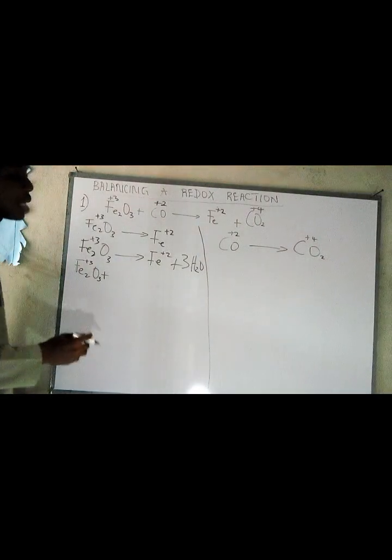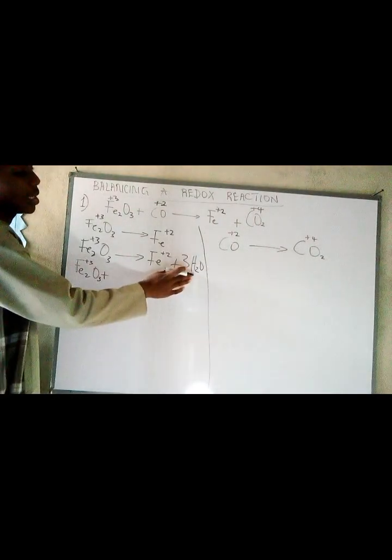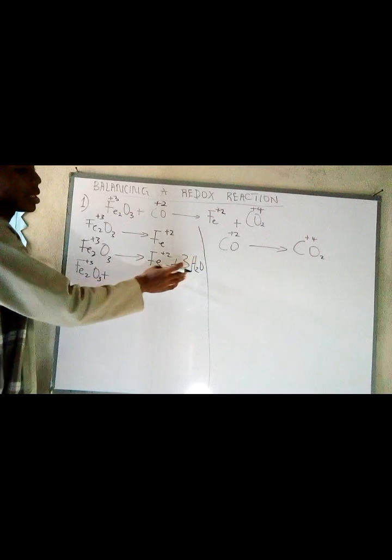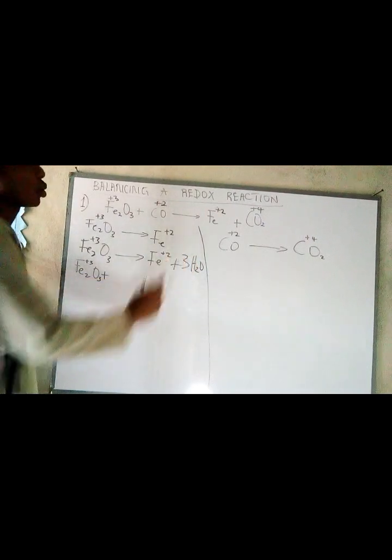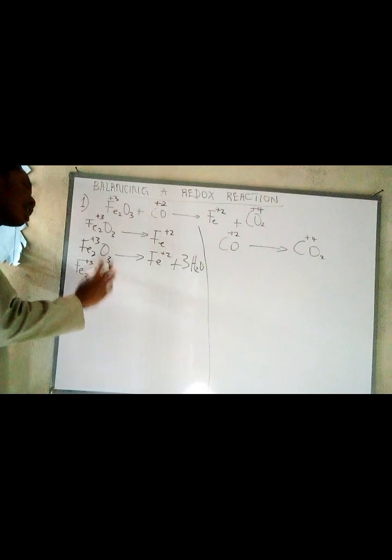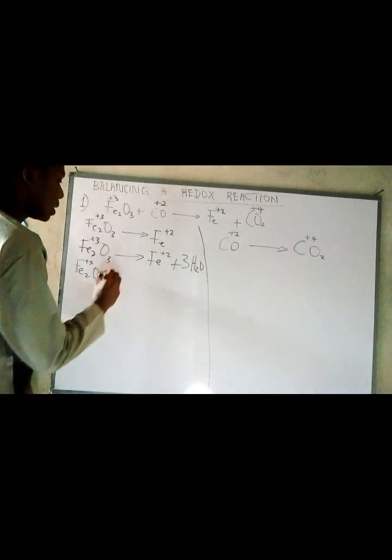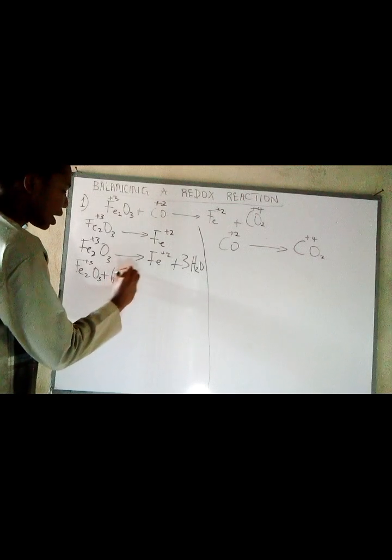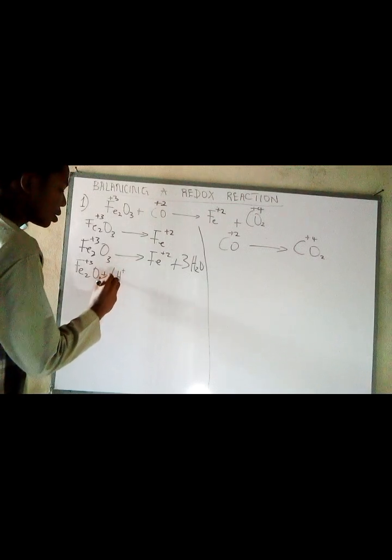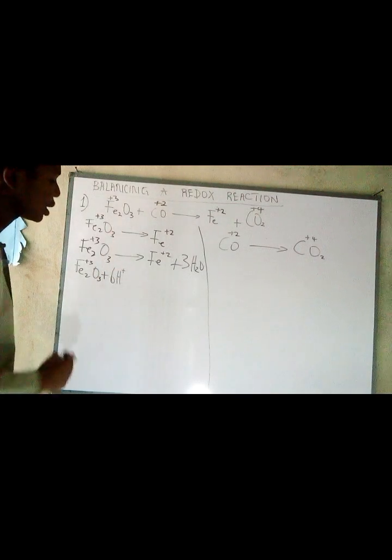We will find out that this hydrogen here is 2 times 3, which gives us 6 hydrogen atoms. So we have to put 6 hydrogen atoms here. Okay, now let's add it. We have to add 6 hydrogen ions.